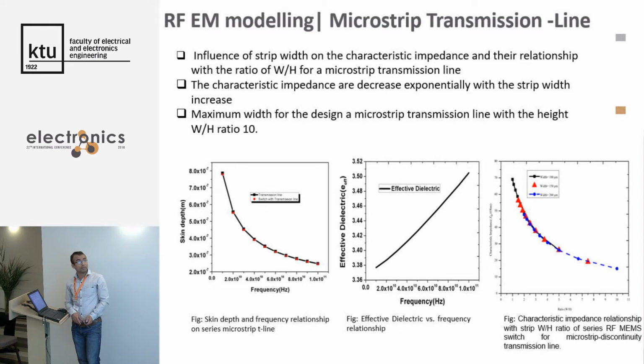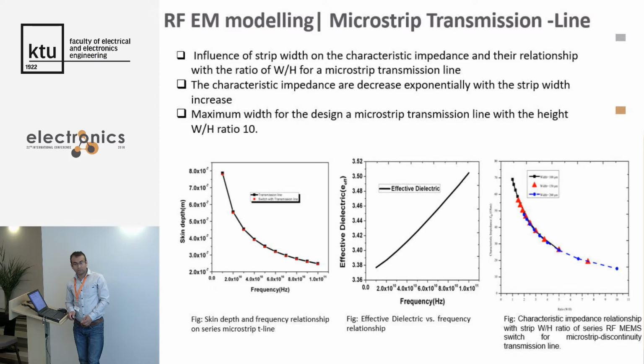So as the strip width and the characteristic impedance and their relationships are shown here, we can see that as the width is increased, the characteristic impedance exponentially decreases.